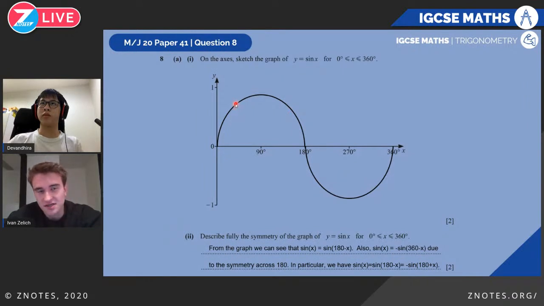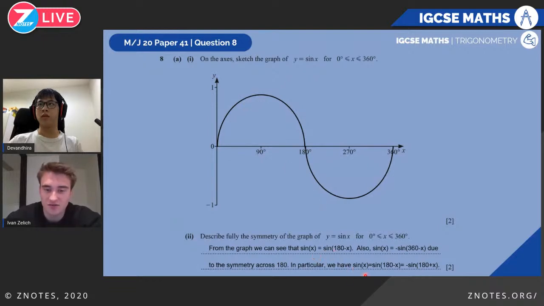So basically the point is that if you have sine of x here, the y, then the y here is the negative of that. So we can kind of flip this point across the symmetry of 180 degrees around this point, and we get this point here, that's the negative of what this y was. So there are kind of two symmetries, and you can apply these two rules.